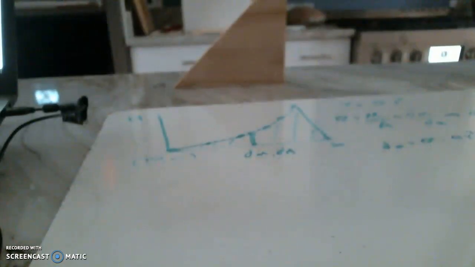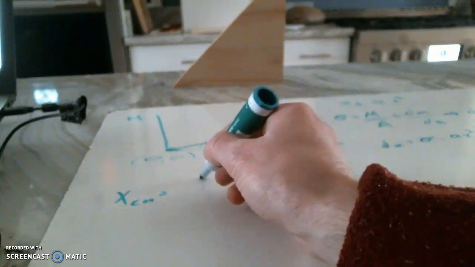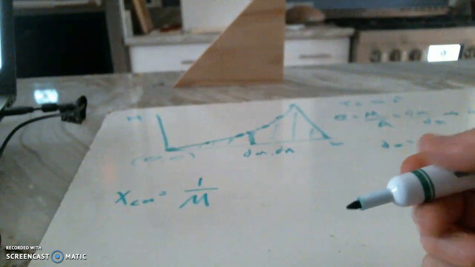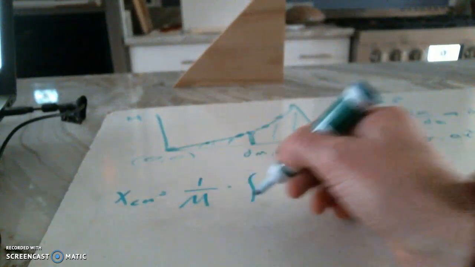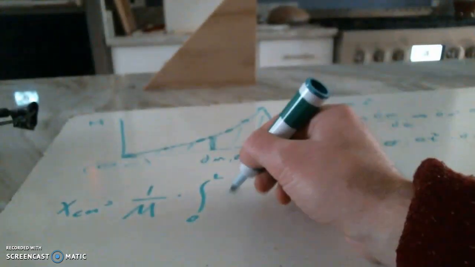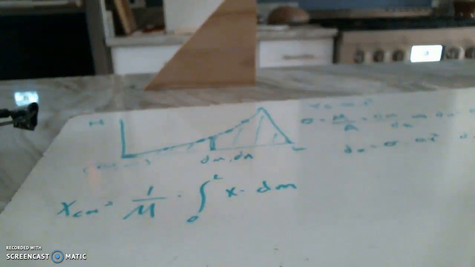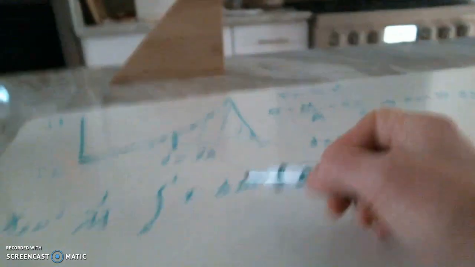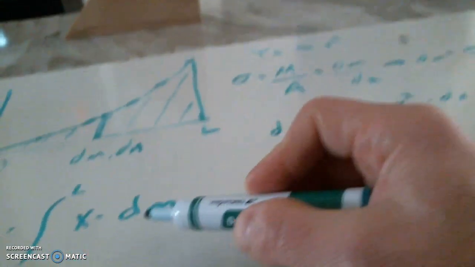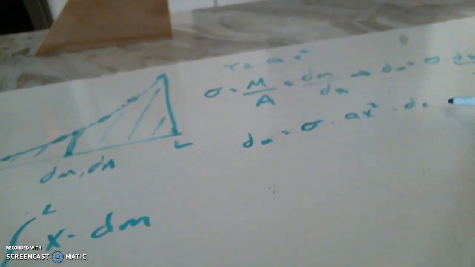Now, what I'll have us do is the same thing we've done before. I will calculate the x center of mass of this object by taking 1 over the capital M, the mass whole, and I will multiply it by the integral from 0 to L of x dm. That equation, again, hasn't changed a bit. We just went through a lot of fuss to get what differential mass is. It is sigma ax squared dx.